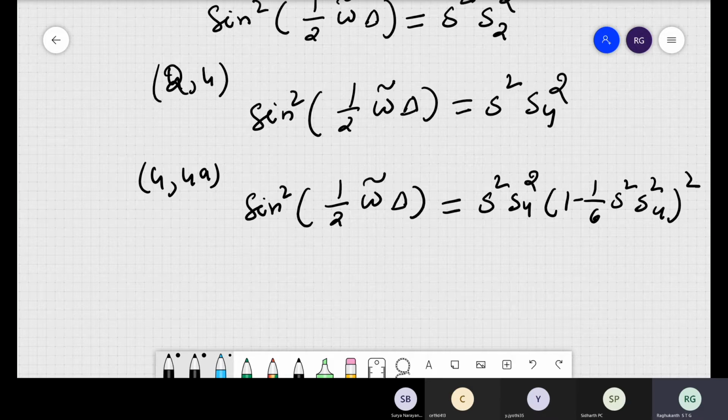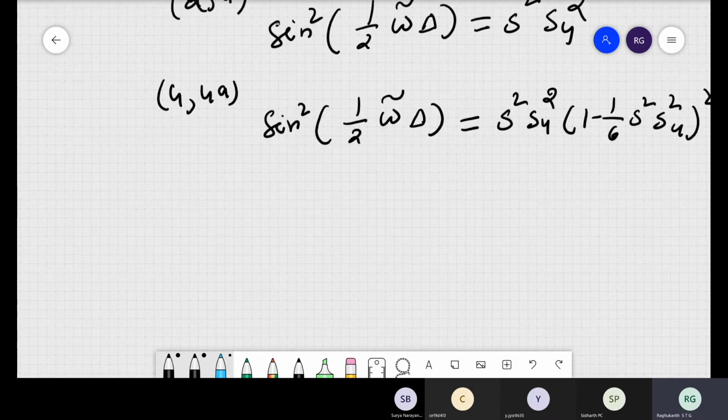Like that, for 4,4a and 4,4b you can derive all these types of dispersion relations for a variety of schemes. One can also show the stability in terms of the Courant number, and calculate numerical dispersion and other such things.